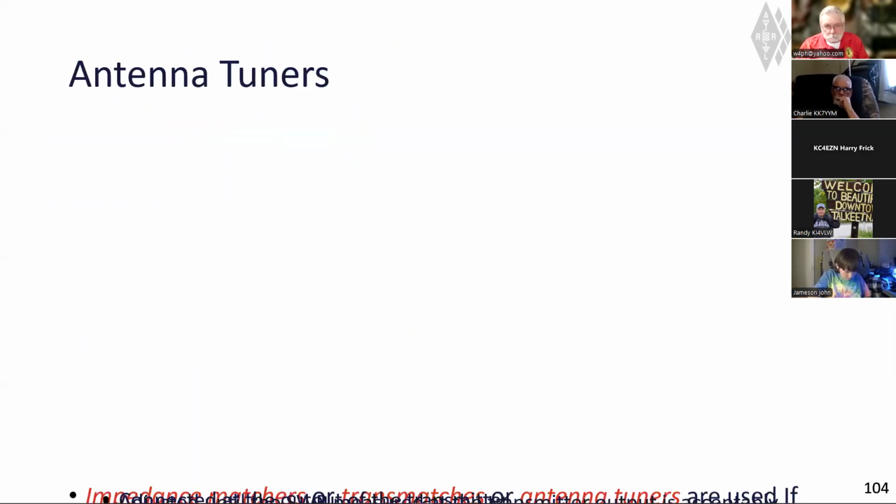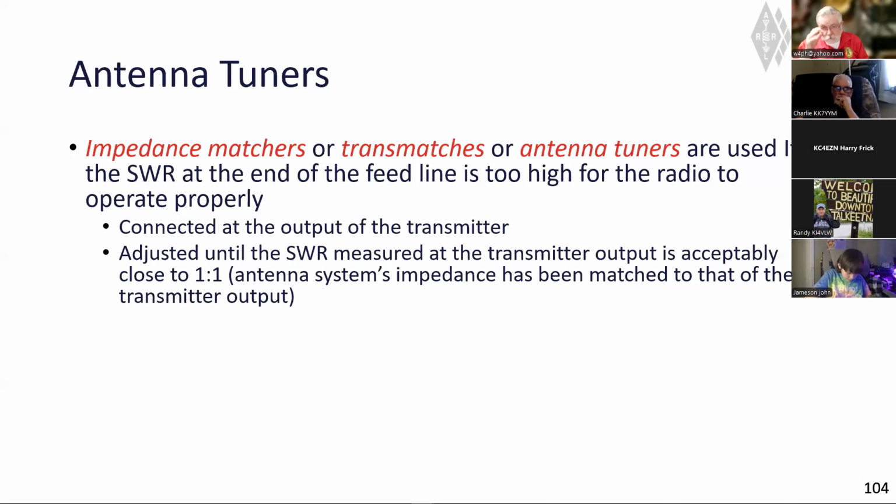Antenna tuners. Impedance matchers, transmatches, or antenna tuners are used if the SWR at the end of the feed line is too high for the radio to operate properly. Connected at the output of the transmitter, they are adjusted until the SWR measured at the transmitter output is acceptably close to 1:1.